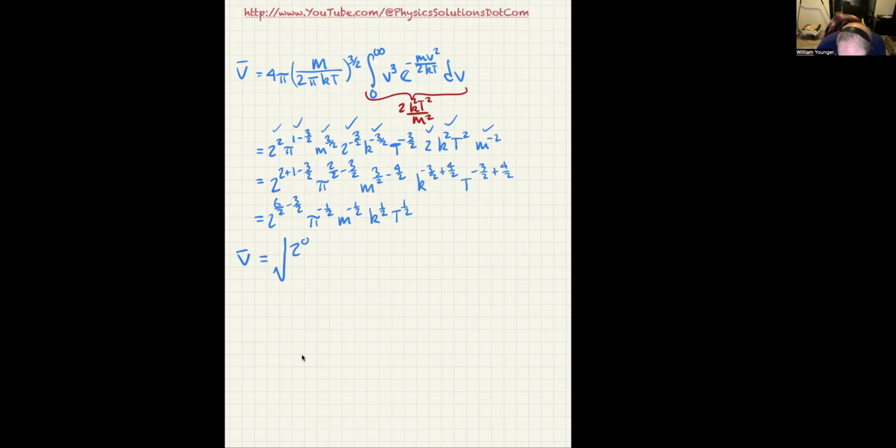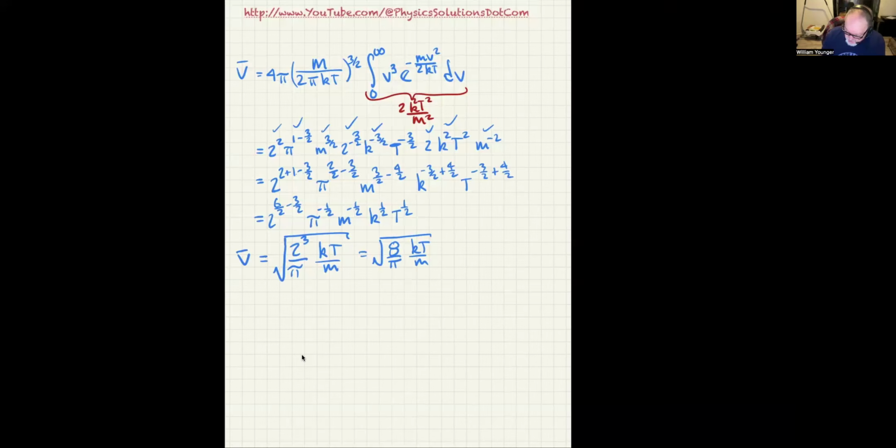So I'd write 2 to the 3rd, which is actually 8, divided by pi, and then it's also going to be times k times t over m, square root. This becomes the square root of 8 over pi kt over m, and that's it.